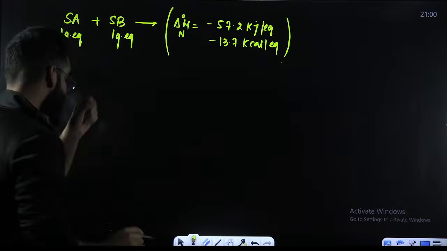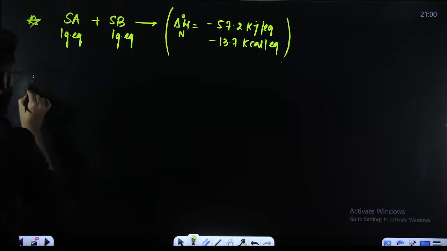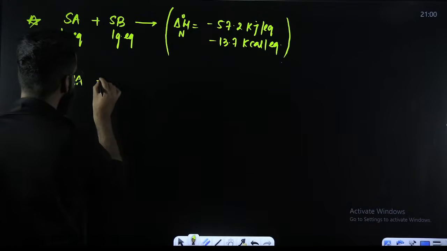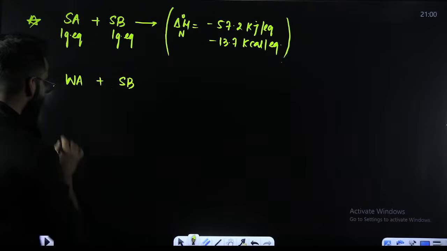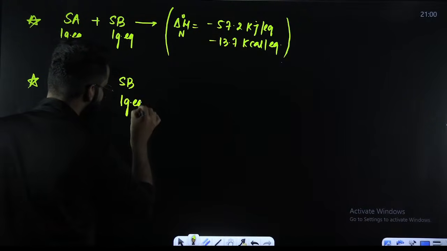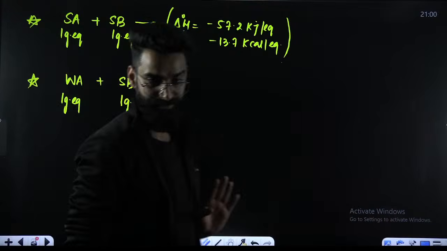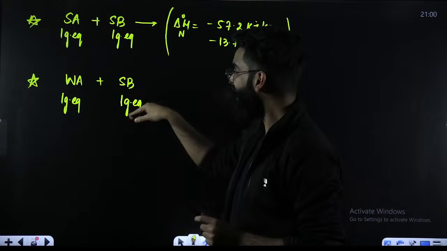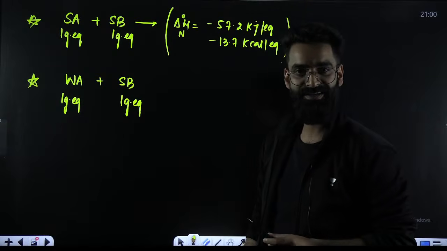Now try to understand. Imagine instead of strong acid, I've got a weak acid. The base is strong. I'm taking 1 gram equivalent of weak acid, and here I'm taking 1 gram equivalent of strong base.